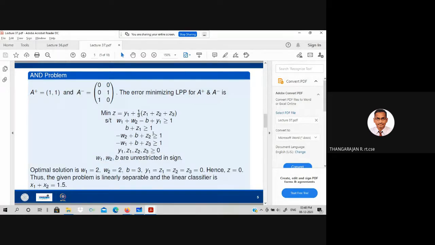Whereas y1, z1, z2, z3 should be greater than or equal to 0. With this condition the AND problem is converted into a linear programming problem, which you can solve using a standard procedure, and you will get an optimal solution. Okay. Right.